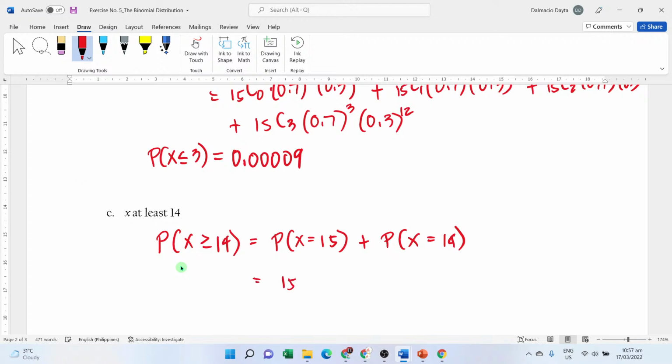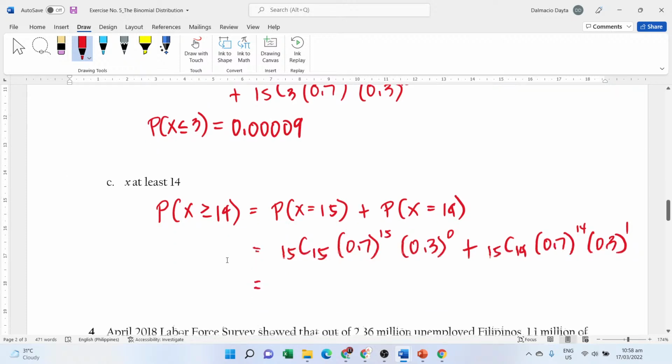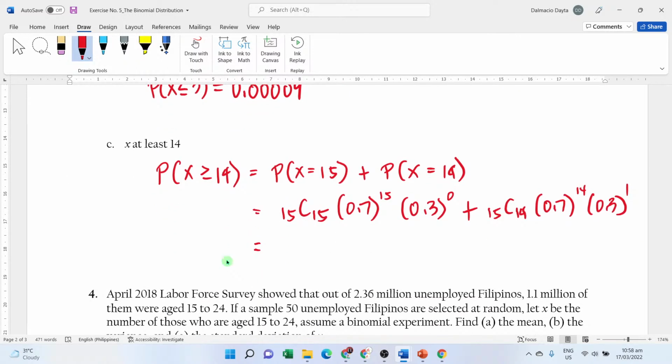So for 15, we have 15 combination 15 times 0.7 raised to 15 times 0.3 raised to 0. Plus yung 14, 15 combination 14 times 0.7 raised to 14 times 0.3 raised to 1. Okay? So use the calculator. Answer here should be 0.035.